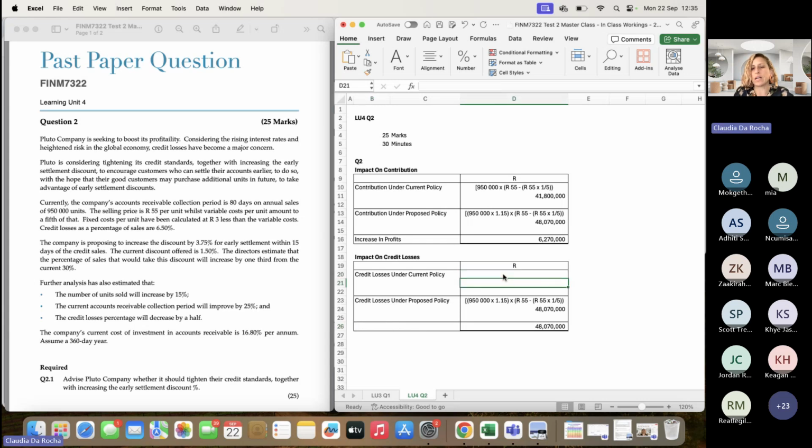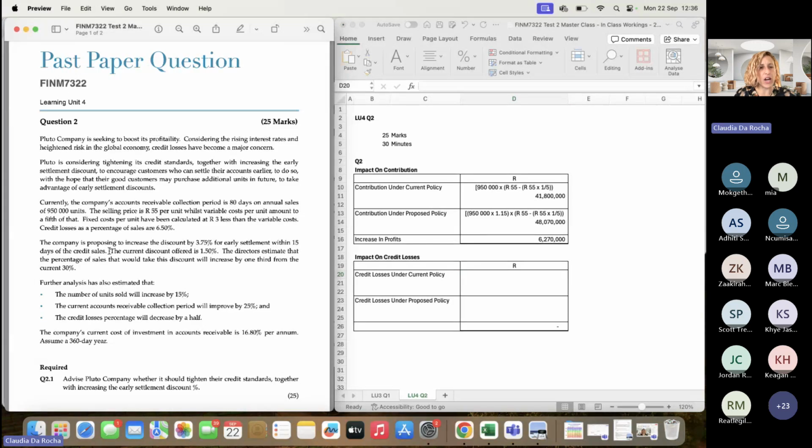Okay, so let's see now what's happening with our calculations. All right, so under the current policy, it says here that the credit loss as a percentage of sales is 6.5%. They've said that the credit losses will decrease by half when you do the new policy.